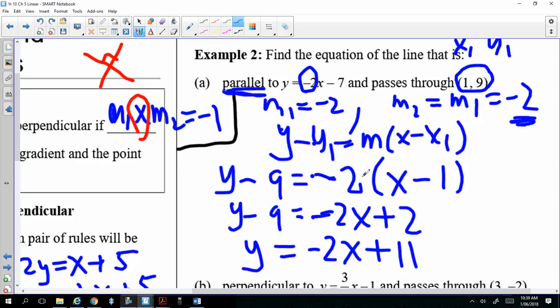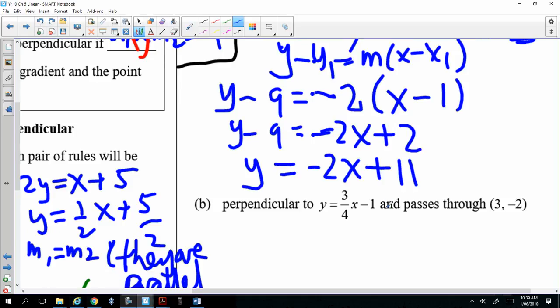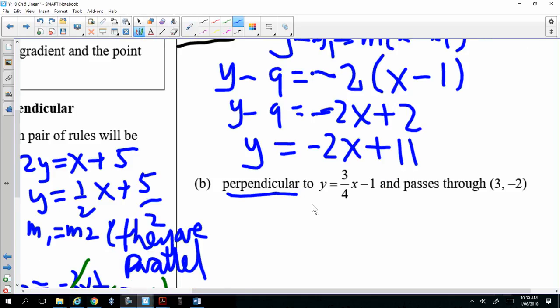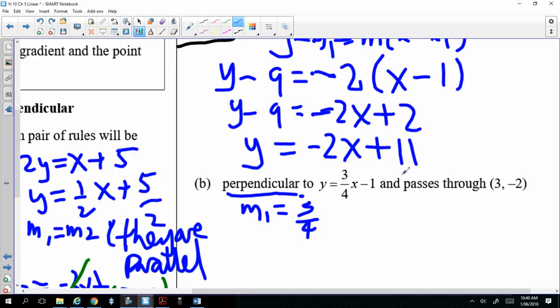How about the next one? The next one is exactly the same. This time it's perpendicular to it. So you need to do a bit of work. So you say m1 is 3/4. If they're perpendicular, the product is -1. So m2, being perpendicular to it, the product is -1.